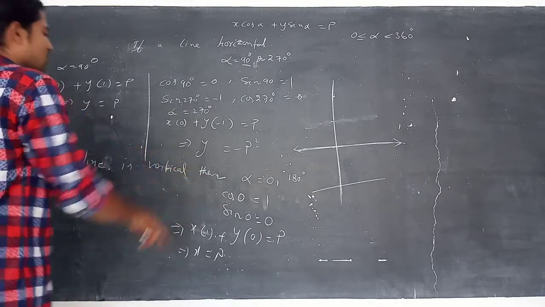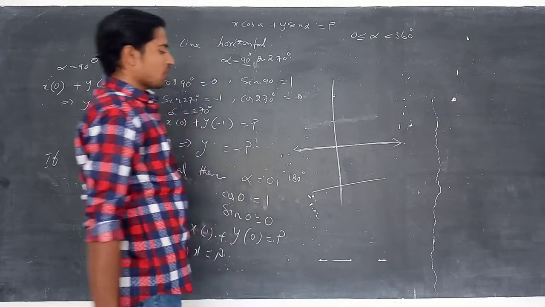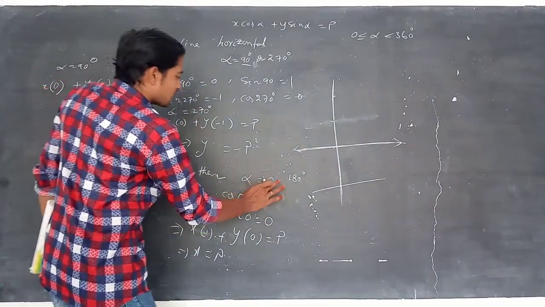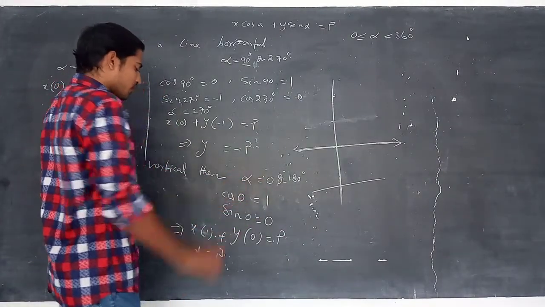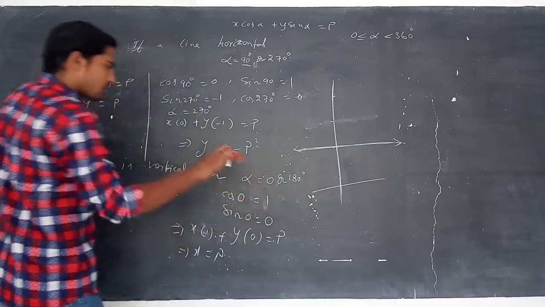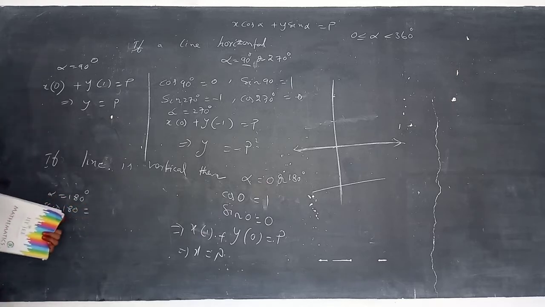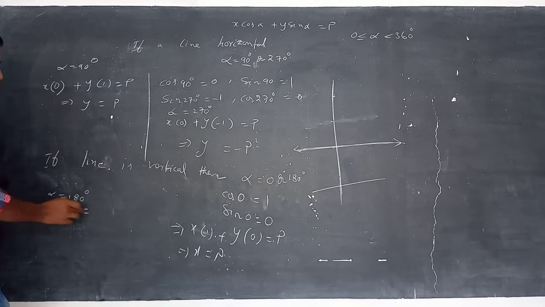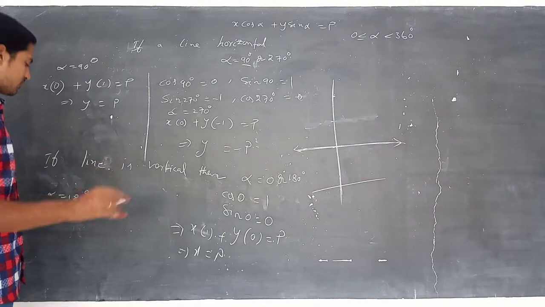Now, if a line is a vertical line, then alpha is equal to 0 or 180 degrees. Cos 0 is 1, sin 0 is equal to 0. So the equation becomes x equal to p. Now alpha equal to 180 degrees. Cos 180 is cos of 90 plus 90, second quadrant, minus, and cos becomes sin, so sin 90 gives minus 1.